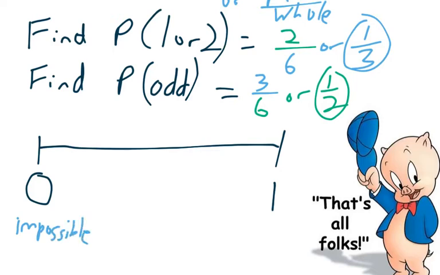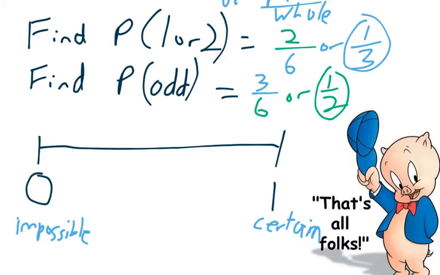And 1 represents that it's certain that it's happening. For instance, if it's raining outside right now, I can say there's a 100% chance it's raining, and 100% is the same thing as 1 whole, if we made it a decimal. So there's a 1 certainty that it's raining outside.